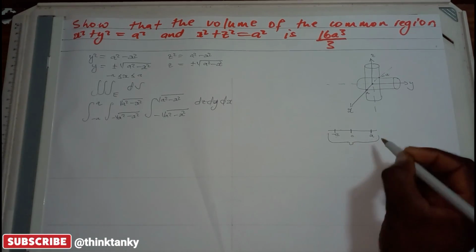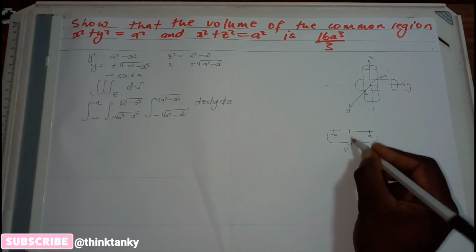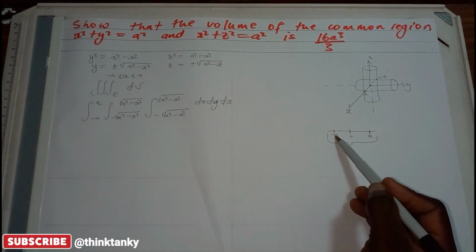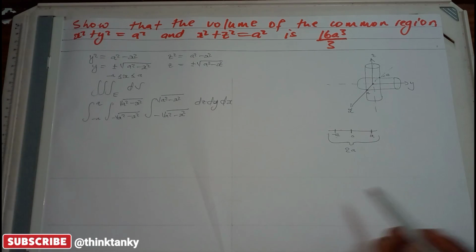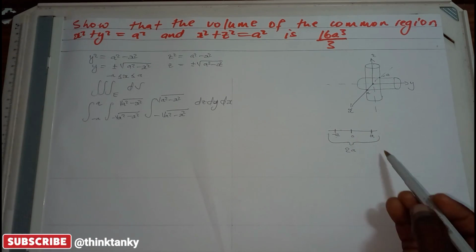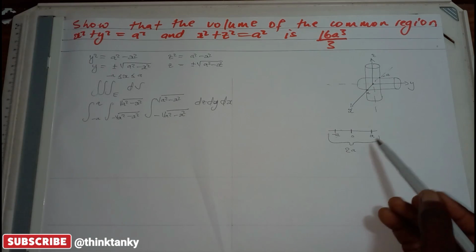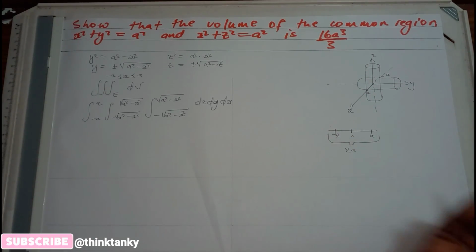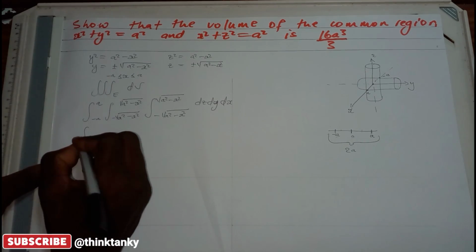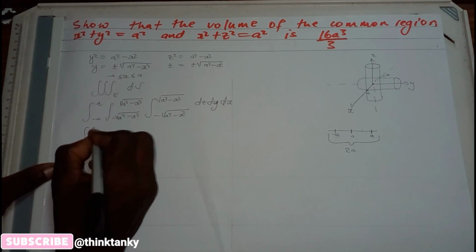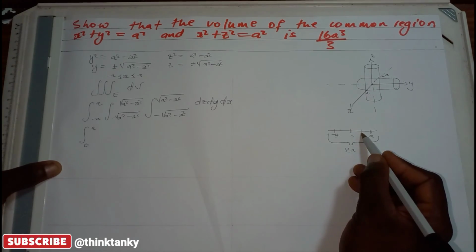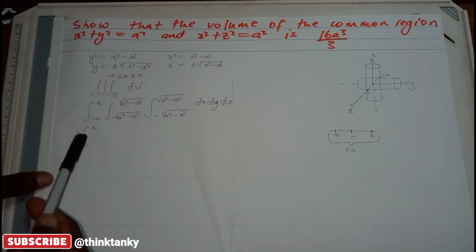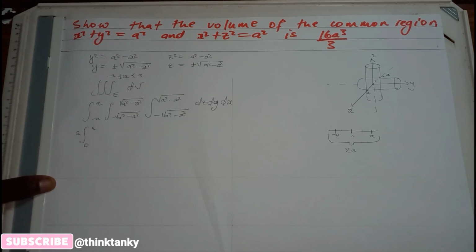So if my x ranges from negative a to positive a, it is the same as saying my x range is from 0 to a, because this distance is the total distance times 2. So I just multiply this distance by 2, or you can leave it like this, but this is just trying to make it look simple.